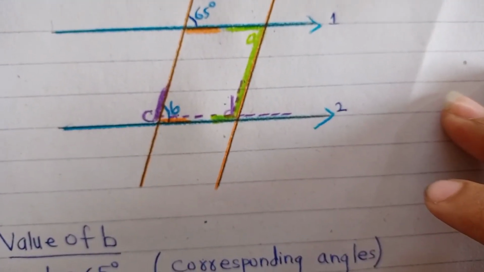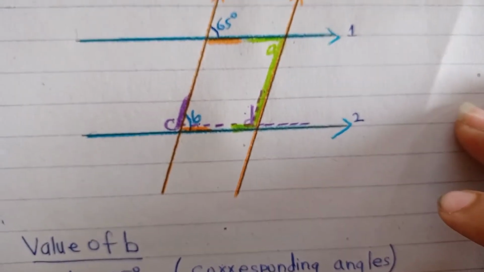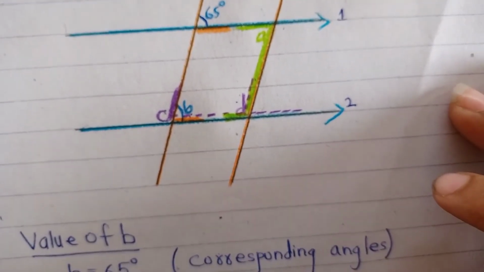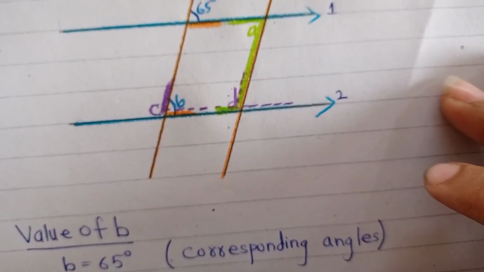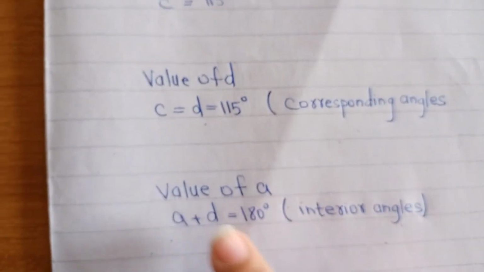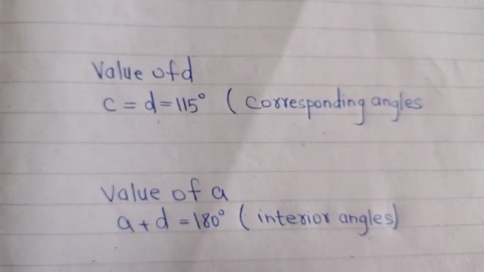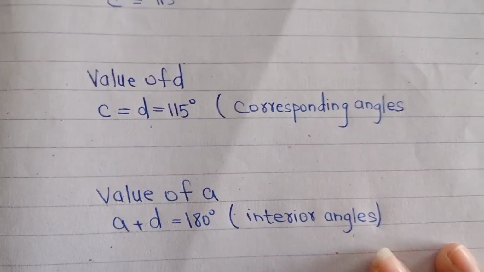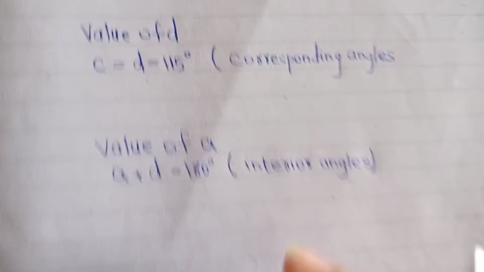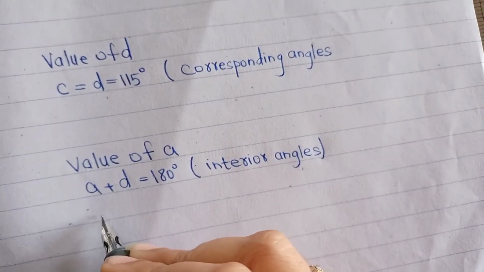Why are they equal to 180 degrees? Because they are interior angles, and two interior angles always add up to 180 degrees. That's how I can find the value of A by writing A plus D is equal to 180 degrees. I will write interior angles in the bracket as the reason.